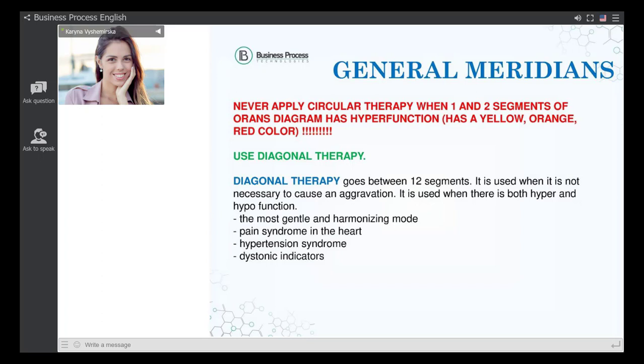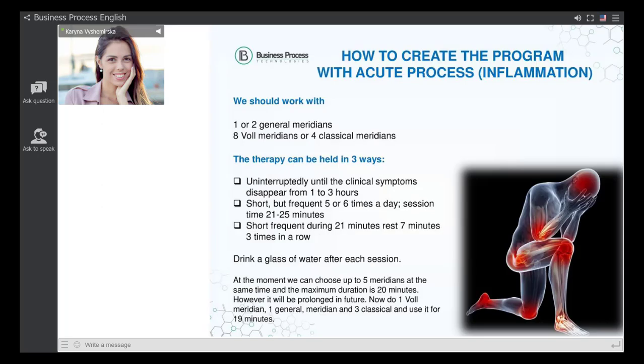That's why these are basically symptoms if our first and second segments are not in the normal condition, but in hyperfunction.